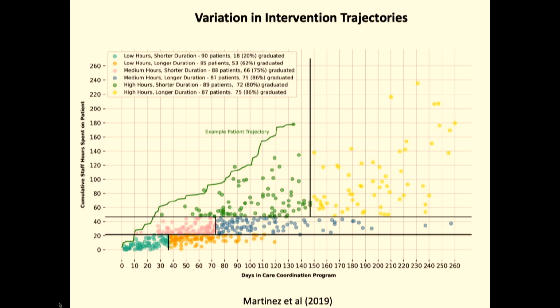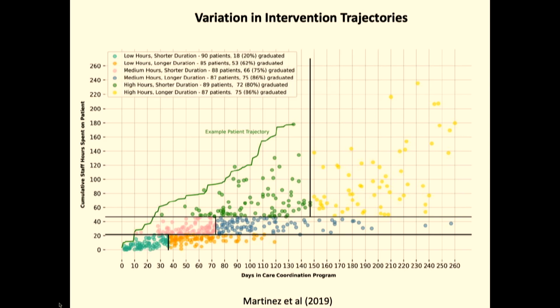If you look at this box here, it has approximately the same number of patients, about 87. 75 out of those 87 patients graduated, having completed their goals with the care team. Graduation is a qualitative decision that is made between the care team and the patient.